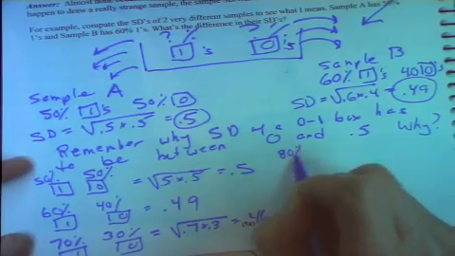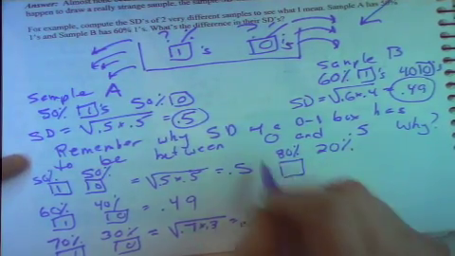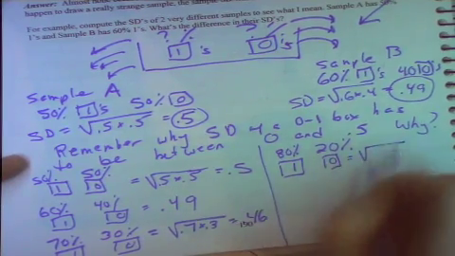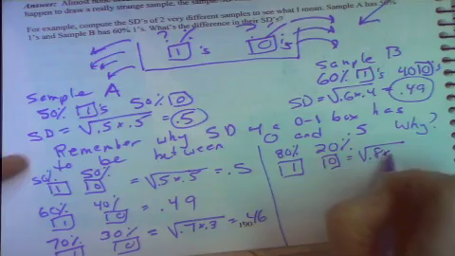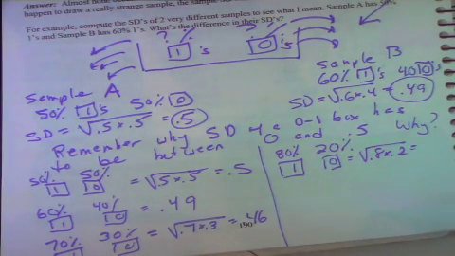Watch. 80%, 20% split. This one is easy because it's the square root of 0.8 times 0.2. Think 16. Square root of 16 is 4. So the square root of this is 0.4.